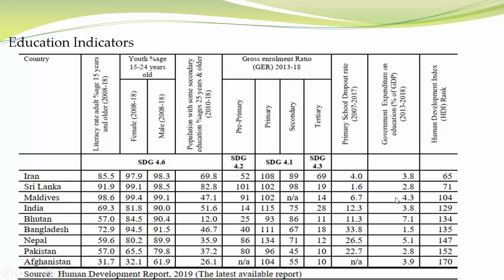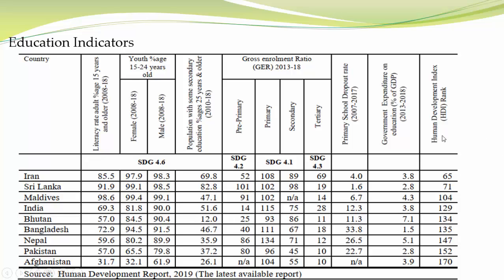4.3%. Sorry. In India, it is 3.8%. It means that we are spending a small percentage of money on education as compared to others. We are just behind Bangladesh. Bangladesh is behind us.